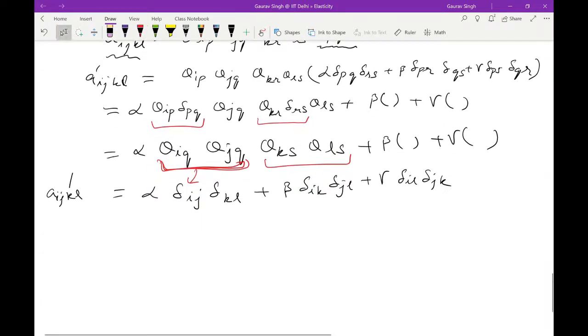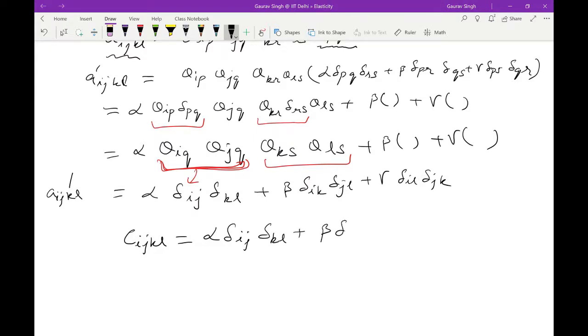Okay, so looking at this, it was given, and which we will follow, that Cijkl, if it is an elastic tensor, which is a fourth order elasticity tensor, it must follow this for isotropy. Okay, this particular form we will keep.